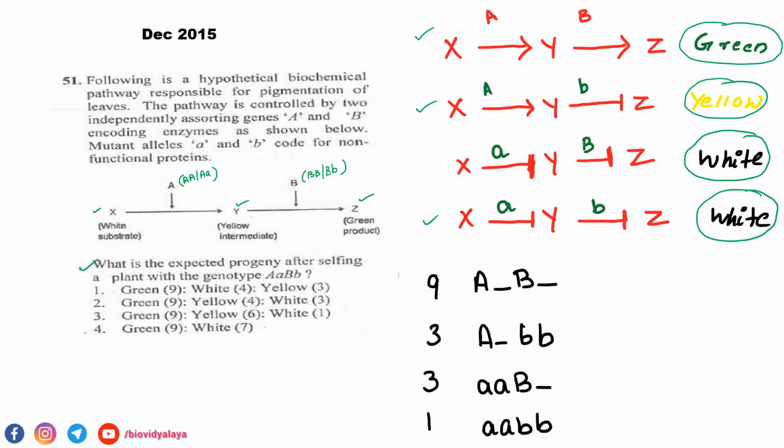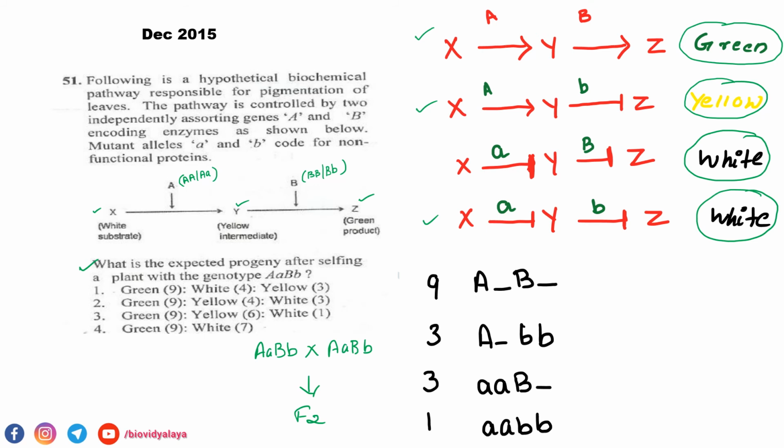So what is the expected progeny after selfing a plant with the genotype capital A small a, capital B small b? We know that this is the F1 hybrid. If we self-cross this F1 hybrid, we will get the F2 generation. And the normal dihybrid cross ratio of the F2 generation is 9:3:3:1.